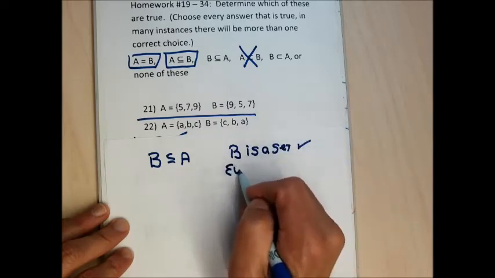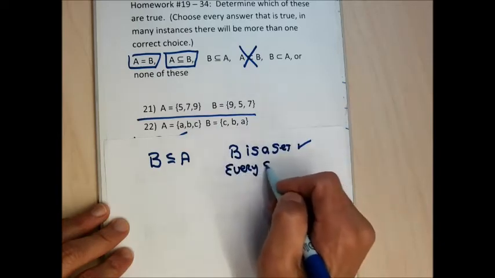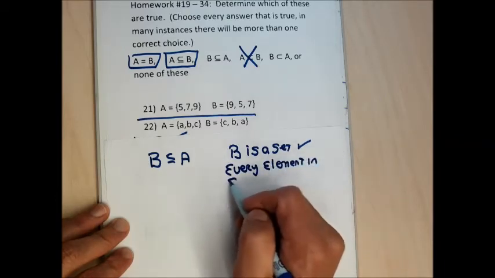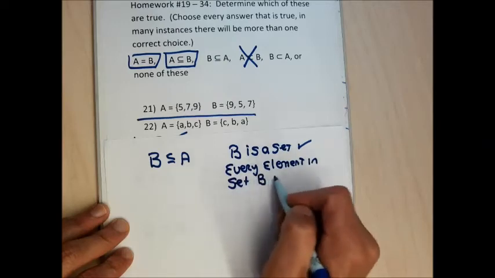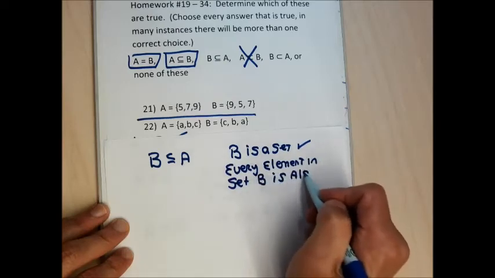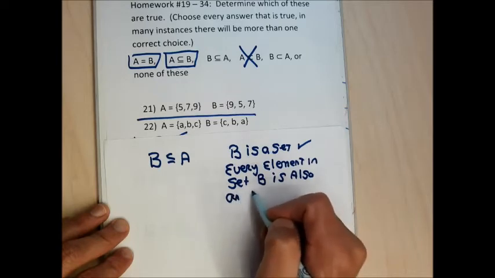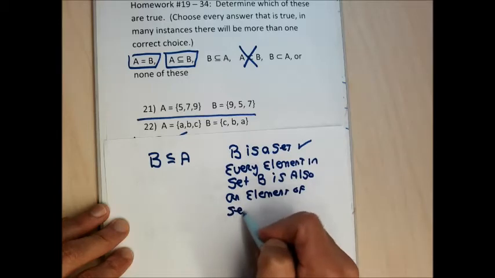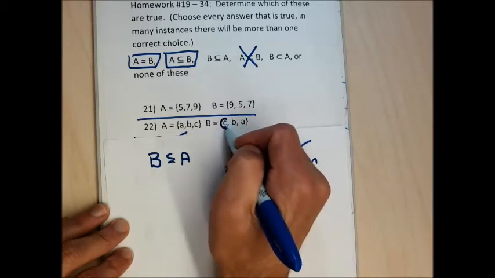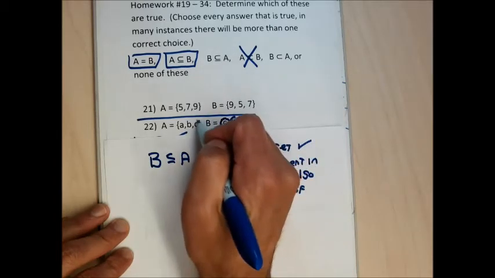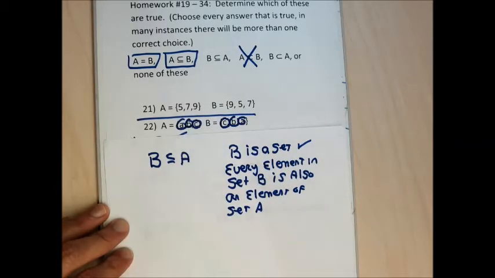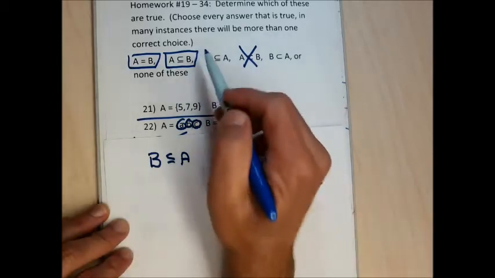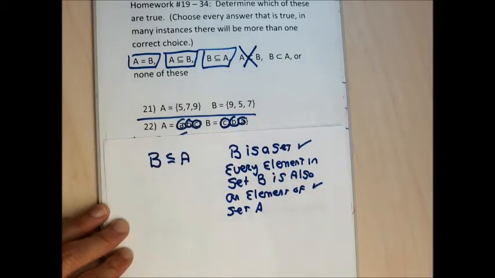And then the second rule is every element in set B is also an element of set A. And B has a C, a B, and an A that are also in set A. So that rule is satisfied. And for this problem, that's going to be also true.